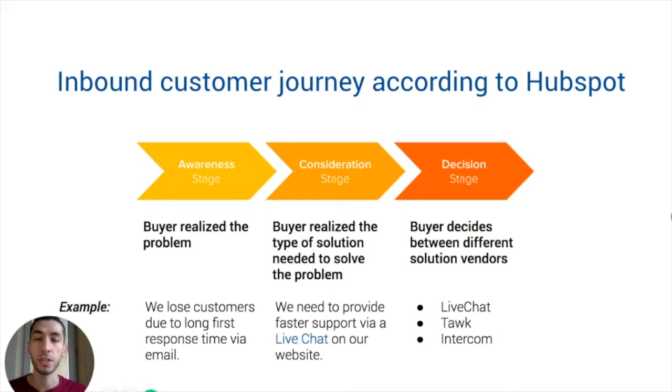So for us, the inbound journey might look something like this. Our customers realize that they lose their customers due to long first response time, because they do support via email, and it takes a long time to resolve customer issues.